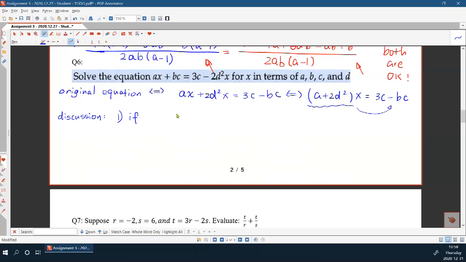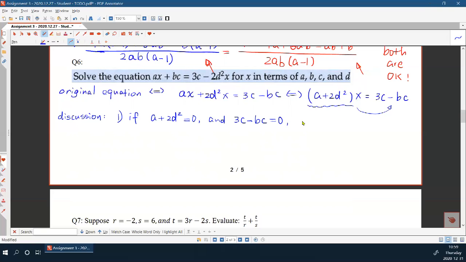if a plus 2d squared is 0, okay? If this term is 0, that means the left-hand side is 0, no matter what value x is. And at the meantime, consider the right-hand side, 3c minus bc is also 0. Then for any value of x, this equation holds, right?